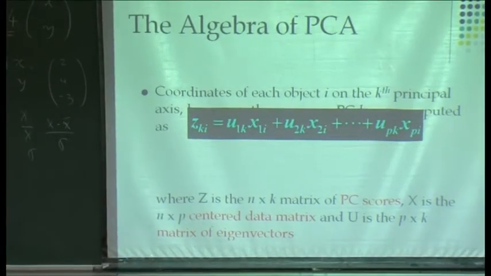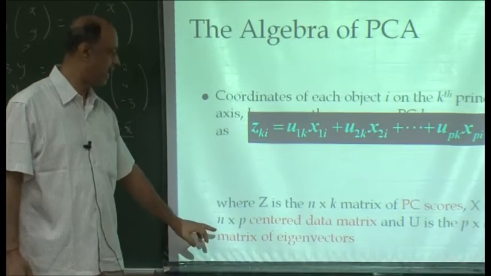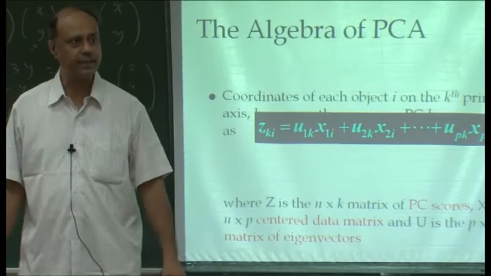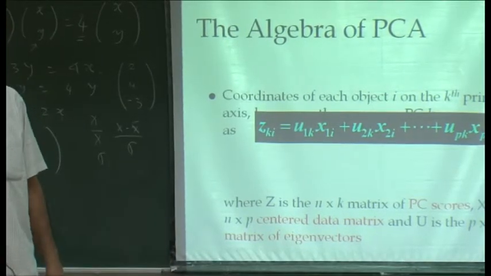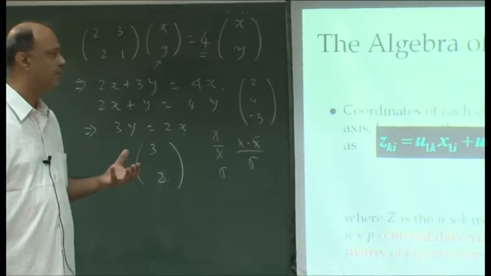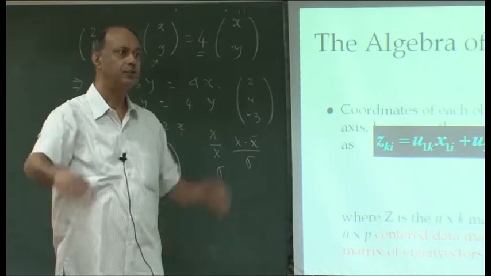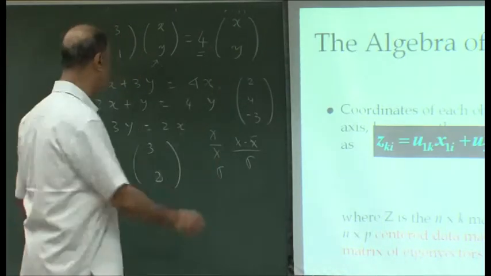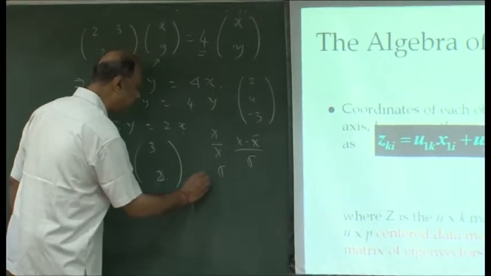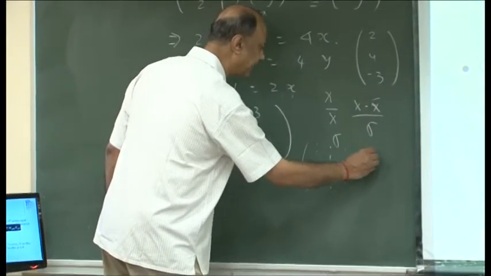Now, the eigenvector has given you the P cross K matrix of vectors. How are you getting that? One vector is of size P, right? There are K such vectors. So you have one vector of size P, then another vector of size P, and like that there are K such vectors.